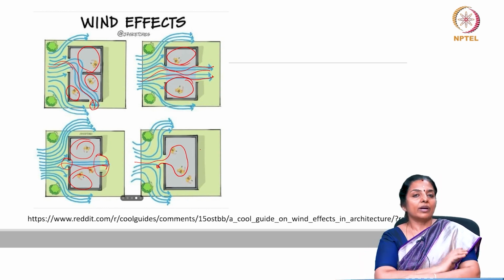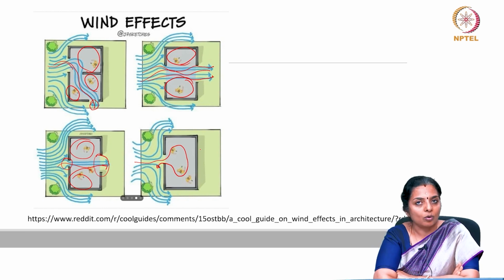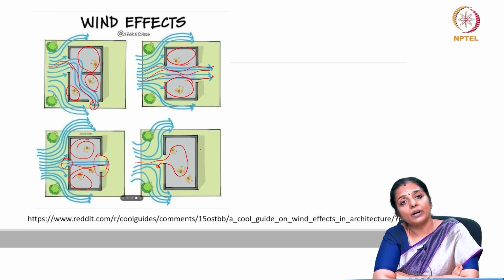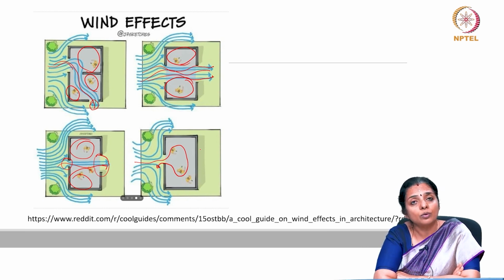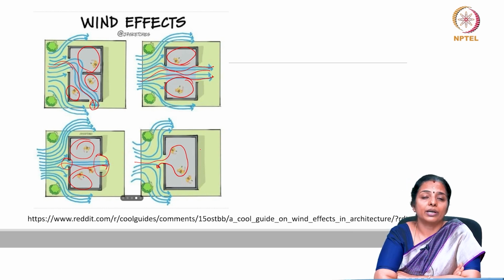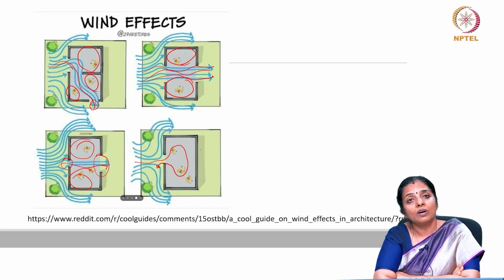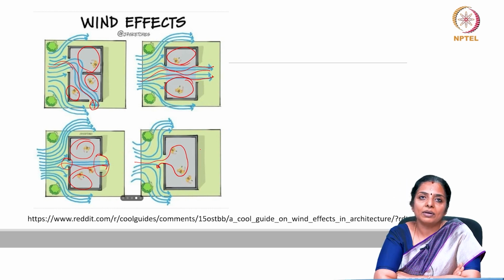Hence, the location of inlet and outlet, the size of inlet and outlet in the planning of buildings, along with how you plan the buildings and where you are locating each block, is very important. Based on the location of the blocks, there could be wind shadow regions or regions of small tornadoes, or there can be direct cross ventilation.